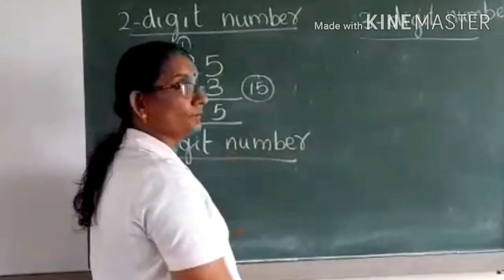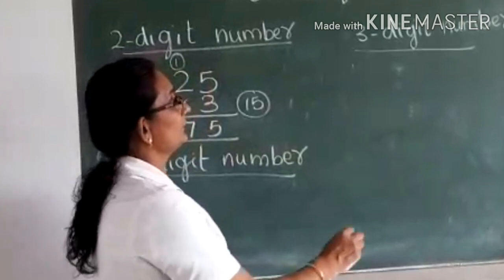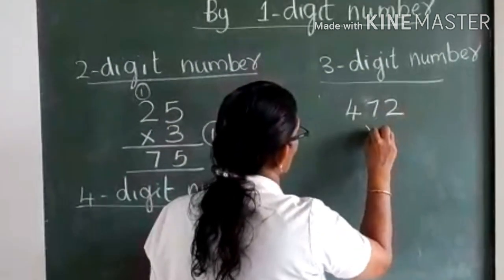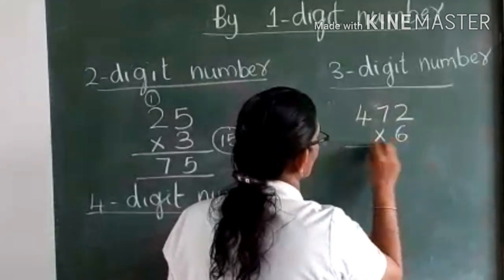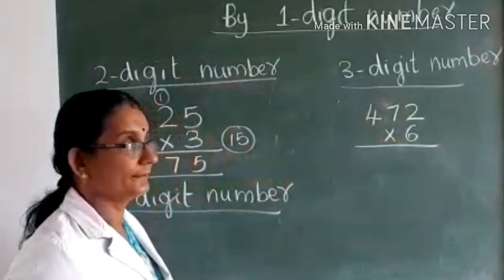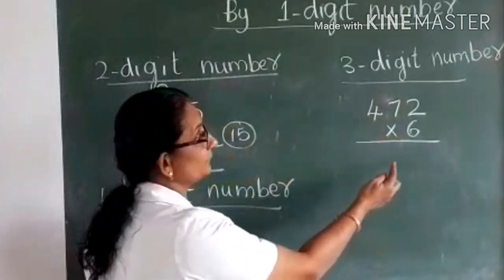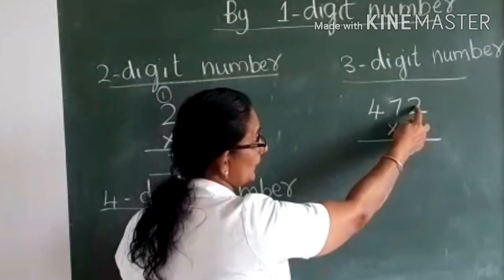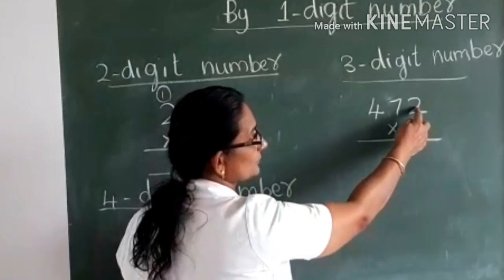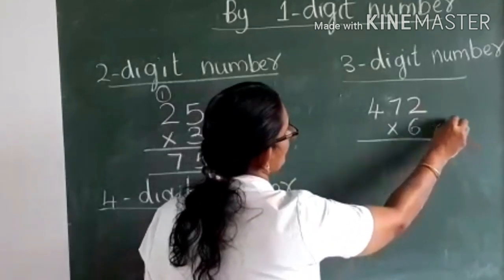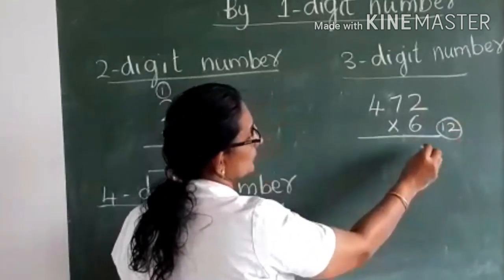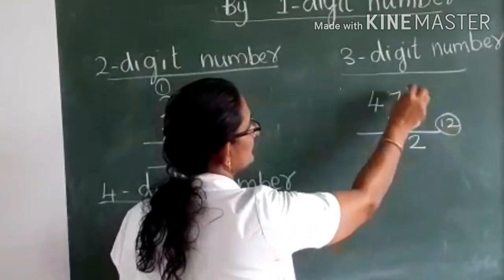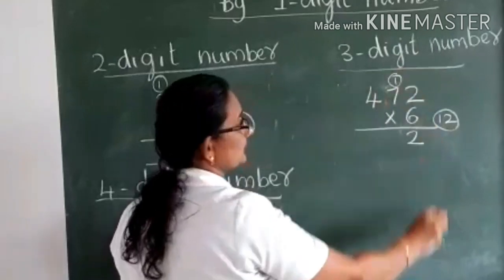Now, let us see how to multiply a 3-digit number with a 1-digit number. Yes. Now, first what we have to do? Yes, you have to multiply 6 with the digit in the ones place. What is 6 into 2? Yes, it is equal to 12. So, 2 is placed in the ones place and 1 is carried over to the tens place.